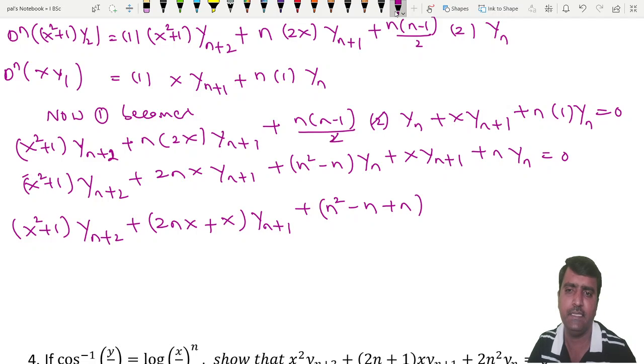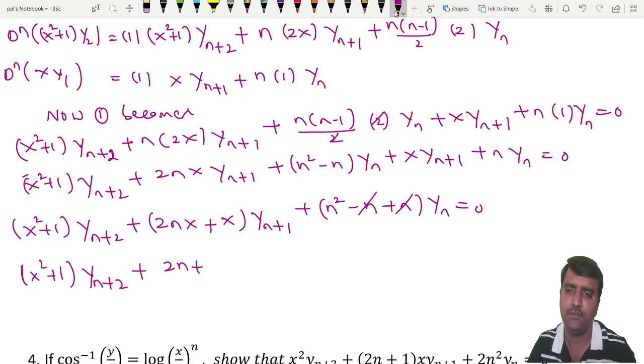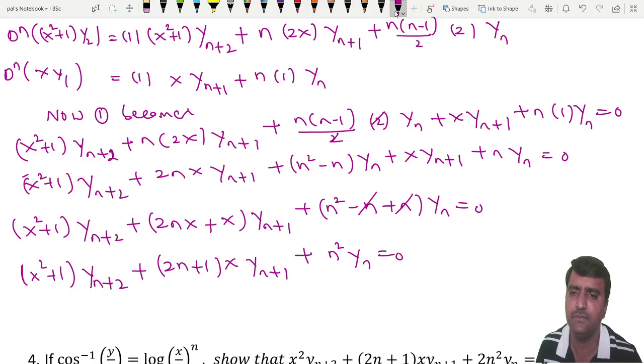Here you take yn common factor from those terms, this is equal to 0, plus n cancels with minus n. It is x square plus 1 into yn plus 2, plus here you take x common factor, 2n plus 1 into x yn plus 1, plus n square yn is equal to 0.